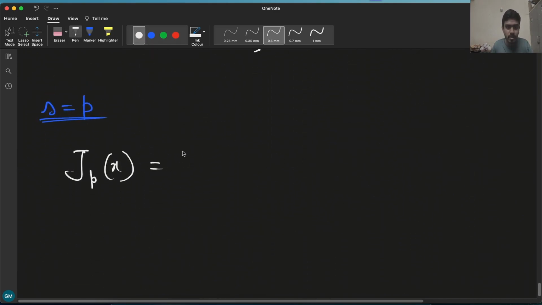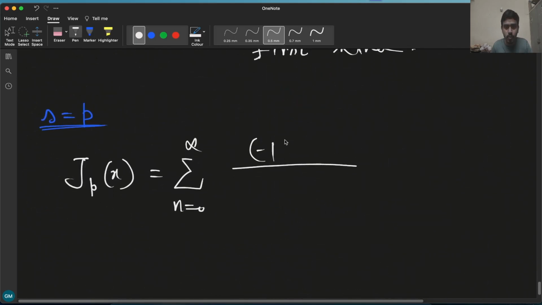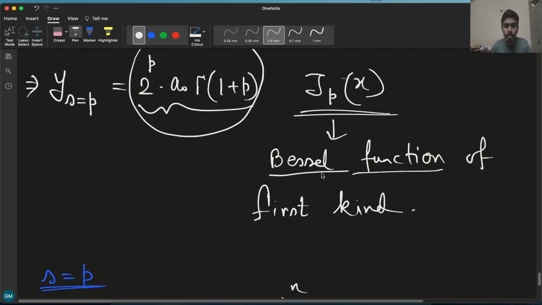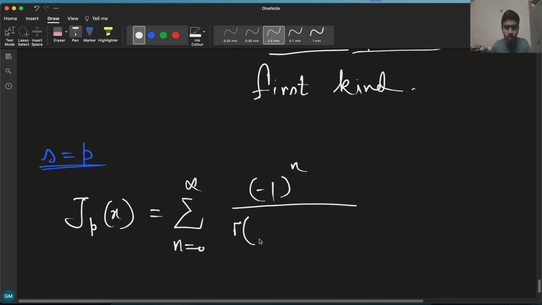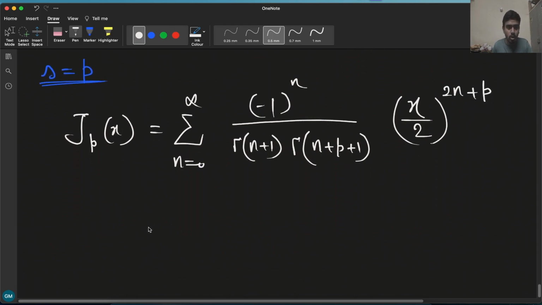This J_p(x) is the sum over n equals 0 to infinity of (-1) to the power n divided by gamma(n+1) gamma(n+p+1), times (x/2) to the power 2n+p.